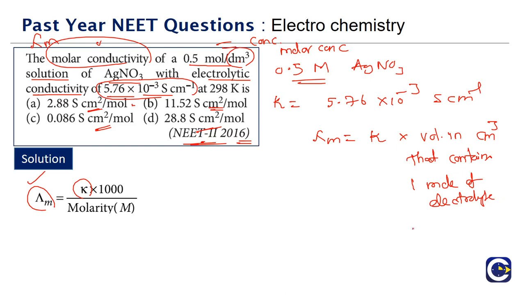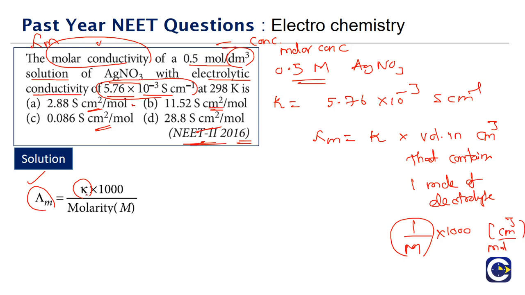See, 1 by molarity gives us the volume in liter that contains 1 mole of electrolyte. We have to multiply this by 1000, then only we will get the volume in centimeter cube, the volume that contains 1 mole.